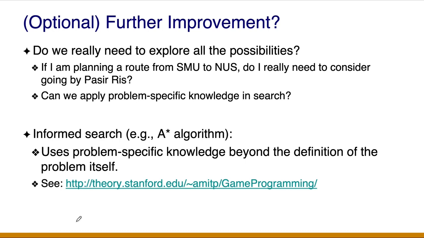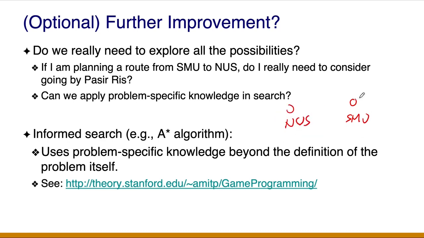But given the UCS, the reason why it's called uniform cost search is that you will consider all the possibilities with equal length to the current origin, right? Which means that all the nodes possibly going to the eastern side will also be considered, right? So in a way, it's almost like a scanning, right? Let's say this is SMU, and this is NUS.